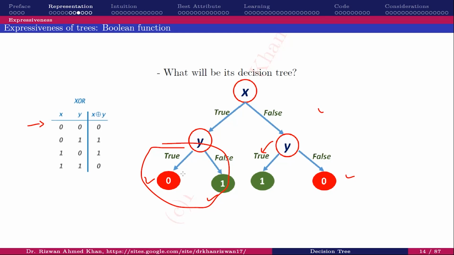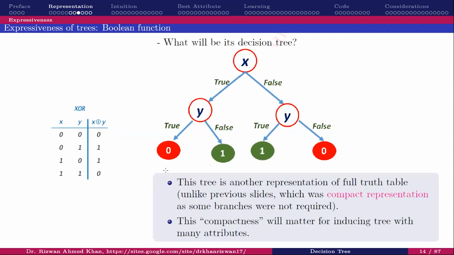We need to visit each and every example to find its tree. So this is about representation, compactness. Where it is possible, a decision tree can make a compact representation. But if it is not possible, like in the case of exclusive OR, then we have to add more attributes to represent this Boolean function, right?